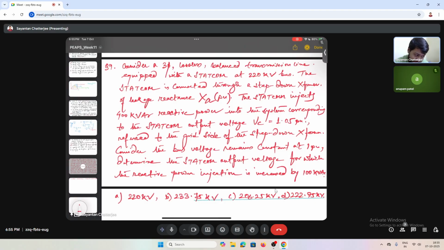The STATCOM is connected through a step down transformer. So this is the transformer, which I have written in short, of leakage reactance.